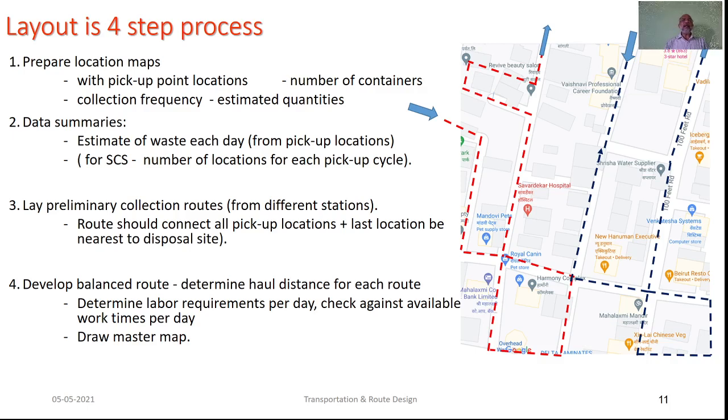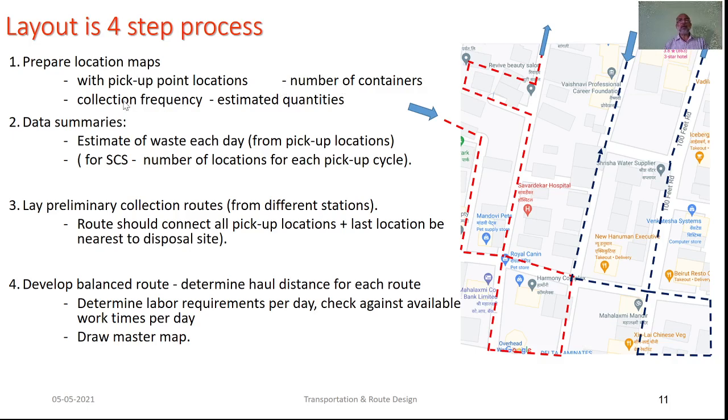This laying out is 4-step process. Whatever may be the approach you could be using, one is expected to go through these 4 steps. So the first step is to refer or prepare the location maps. So we'll have the various pickup locations, the number of containers to be served.